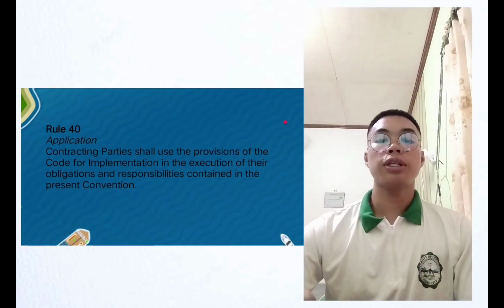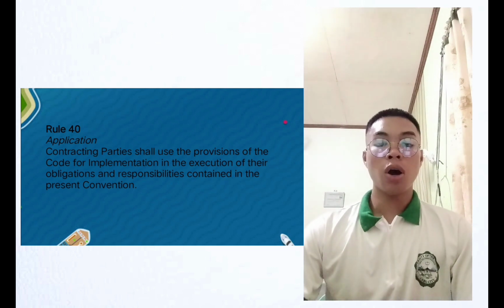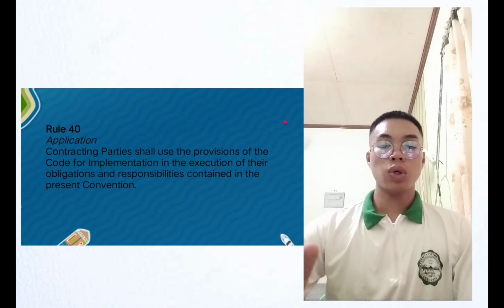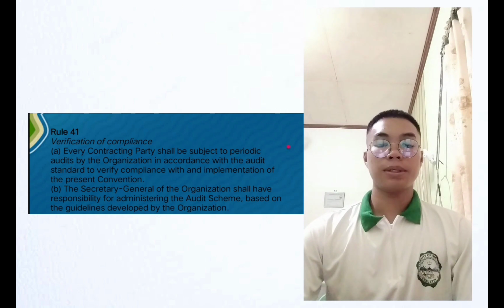On Rule number 40, application. Contracting parties shall use the provision of the code for implementation in the execution of their obligation and responsibilities contained in the present convention. On Rule number 41, verification of compliance.